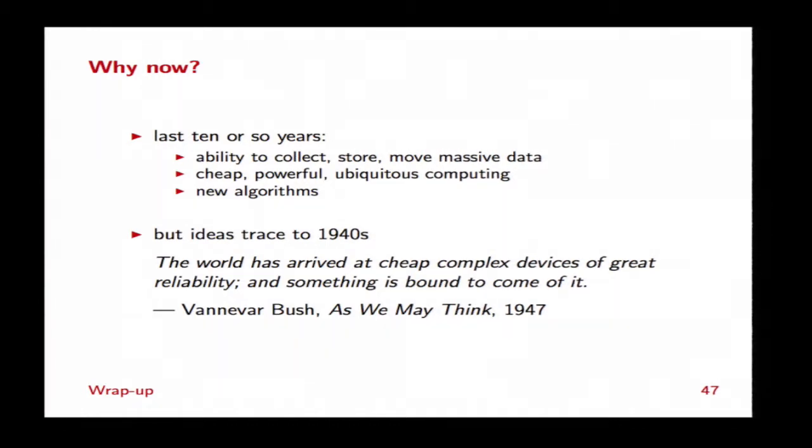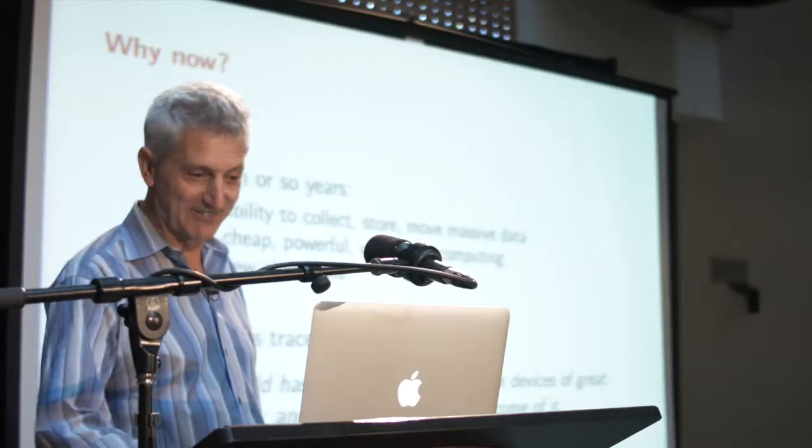Indeed, there are people working on new algorithms, but these are old ideas. This goes back to the 1940s. Here's Vannevar Bush from MIT saying, we've arrived at a point where we have cheap, complex devices of great reliability, and something good should come of it. That's 1947.